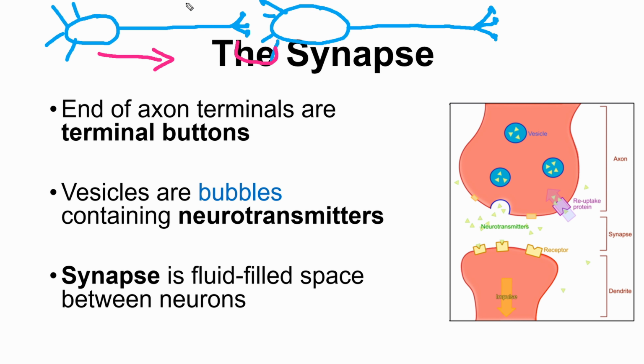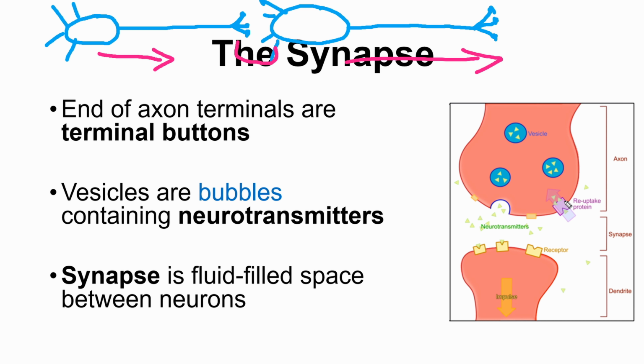If we wanted to talk about the neuron that comes ahead of the synapse, we can call this the presynaptic neuron, because it's the one that's in front of our synapse as the signal flows. This second neuron, the one whose dendrites are at the synapse, is our postsynaptic neuron, because it's the neuron that follows the synapse as that signal travels. So when we talk about a presynaptic neuron and a postsynaptic neuron, we're just talking about the order they come in this signal process.